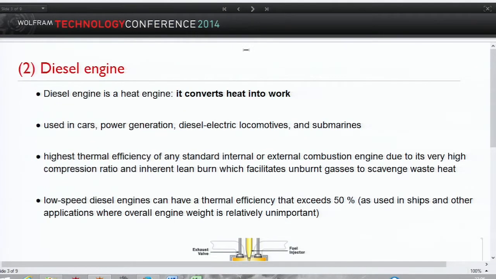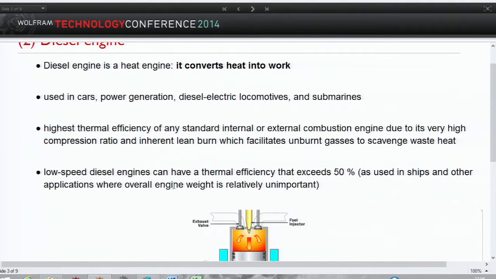So, the next part is about the diesel engine. The most important thing is that a diesel engine converts heat into work. It is used not only in cars, but in power generation, diesel-electric locomotives, and submarines, for example. It has the highest thermal efficiency of any standard internal or external combustion engine, due to its very high compression ratio and inherent lean burn, which enables scavenging of waste heat.